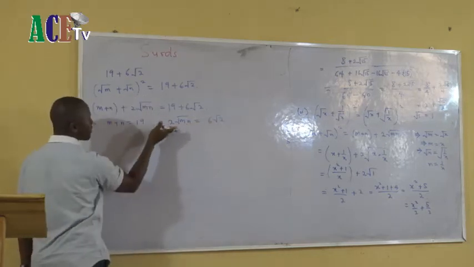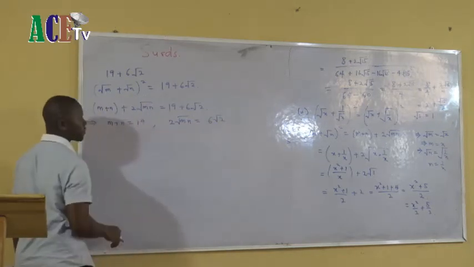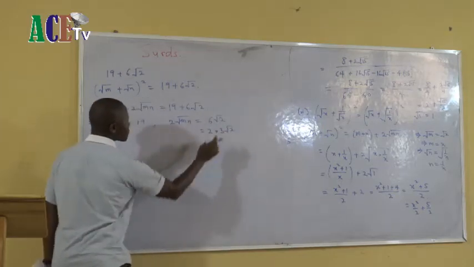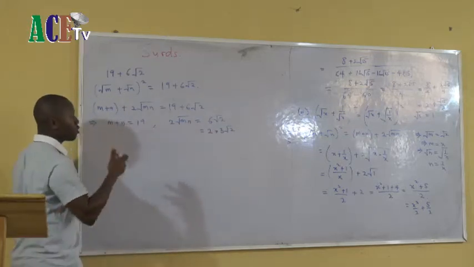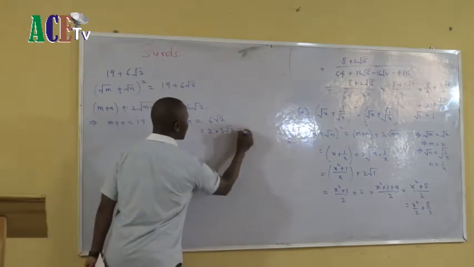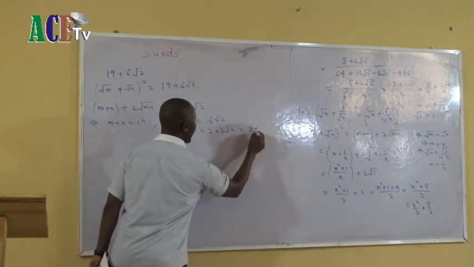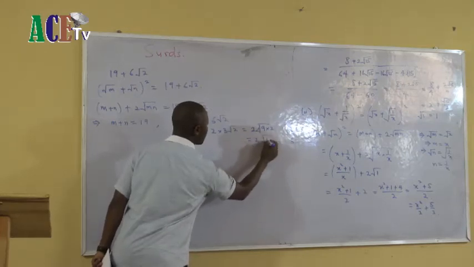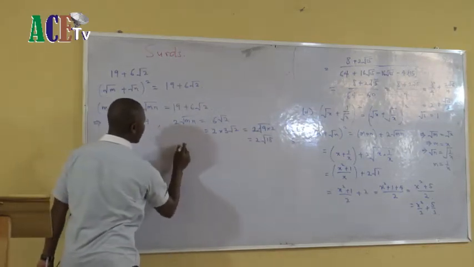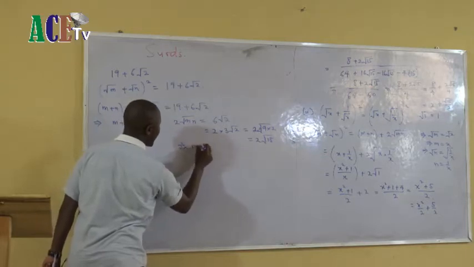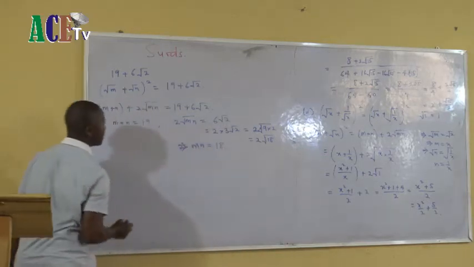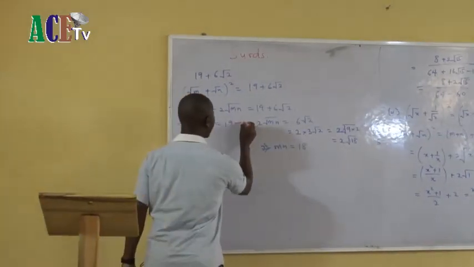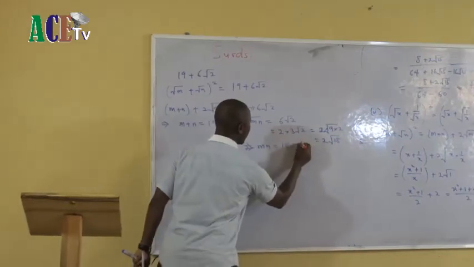Now, if we try to simplify such that we factorize 2 from this, it will give us 2 multiplied by 3 root 2. And we can apply the third rule of surds to 3 root 2, and this would give us 2 multiplied by the square root of 9 times 2, which gives us 2 root 18. So it implies that mn is equal to 18. We will call this our equation 1 and this is going to be our equation 2.